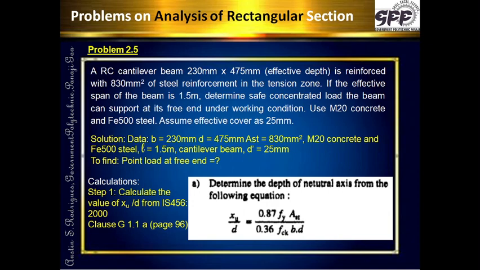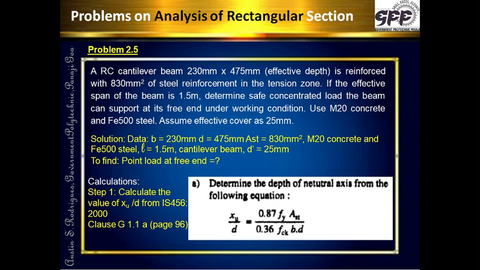Now in working condition, 1.5 is not to be taken into consideration when we are using the load factor. Load is multiplied to the working load to get the ultimate load. So over here, please note, determine the safe concentrated load the beam can support at its free end under working condition. That means this is not the ultimate load, this is the normal or service load. Please note this part.